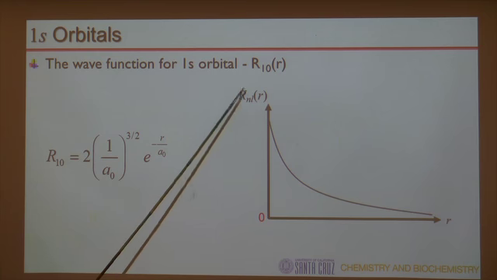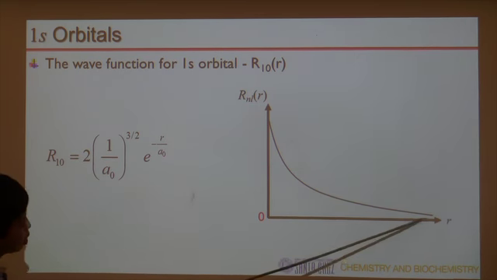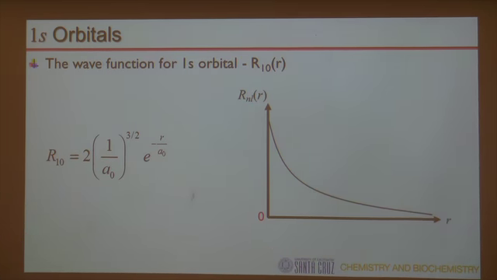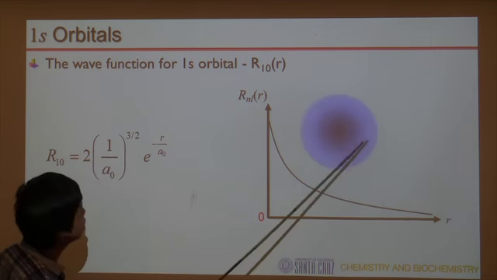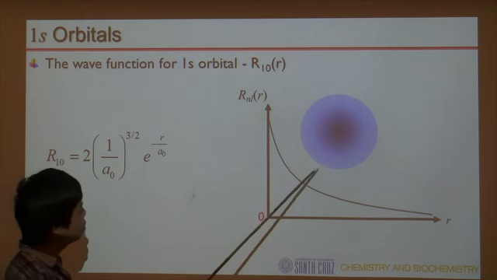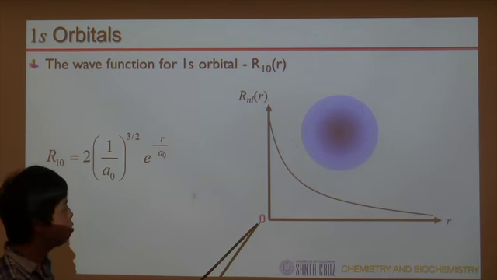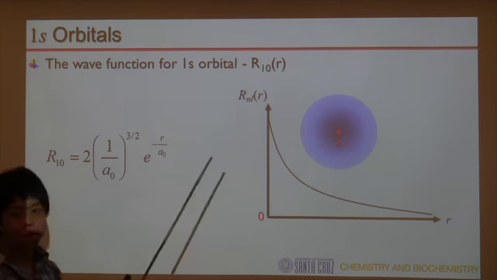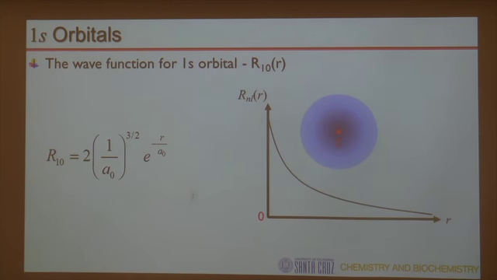If you plot the R function versus r, you get an exponential decay function. So this figure is constructed from the plot of the wave function. We know the 1s orbital is a sphere like that. Here 0 means the position of the nucleus, since this is the hydrogen atom.